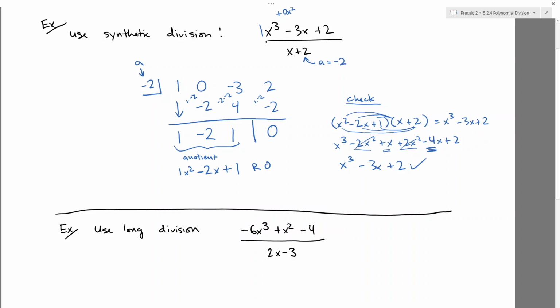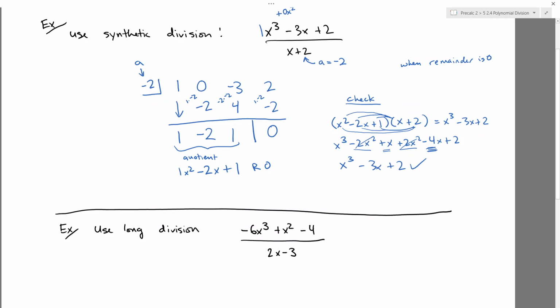And so here you can see that when the remainder is 0, the quotient and the divisor are factors of the original thing.